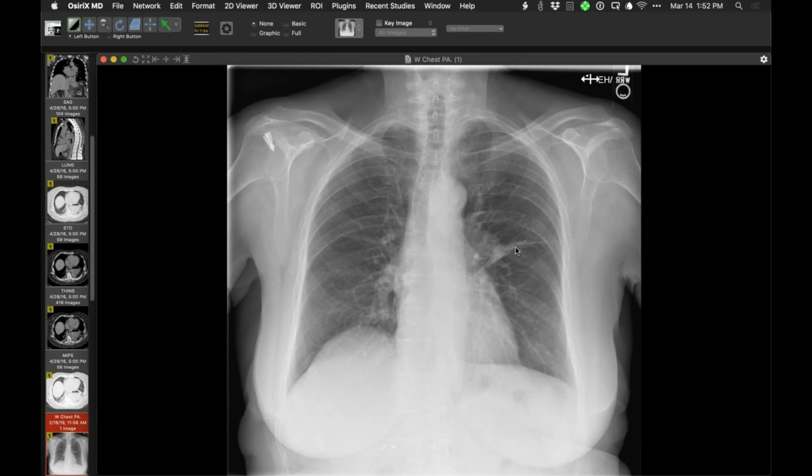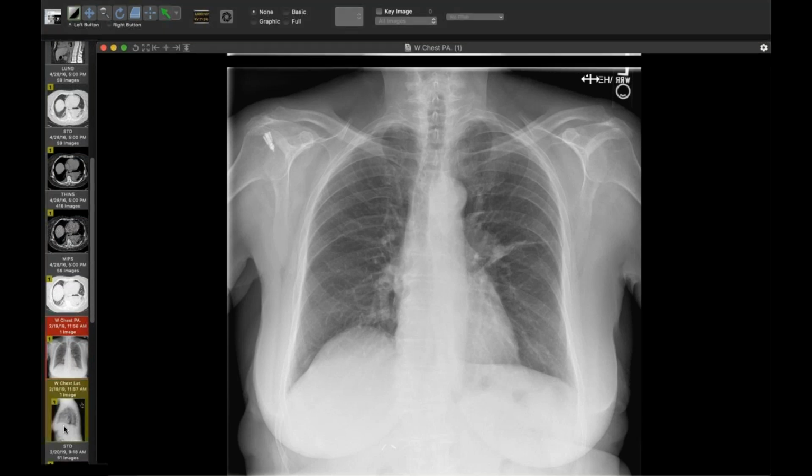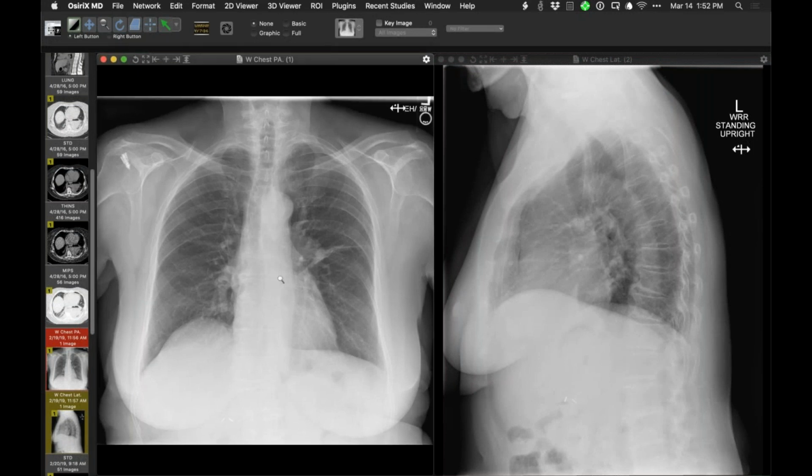I initially saw this, which is subsegmental atelectasis, and I'll show you. I'll put the lateral up because I got lucky, and I need to mag this up a bit.